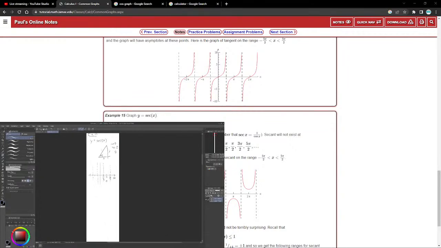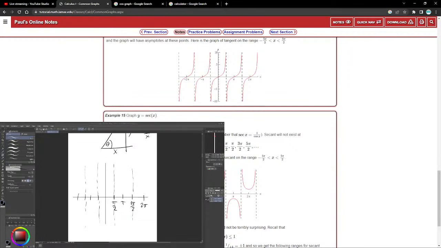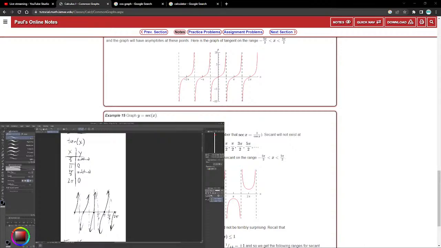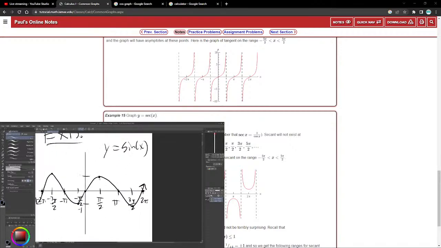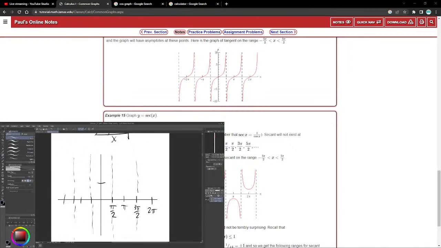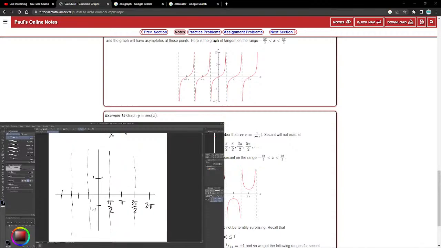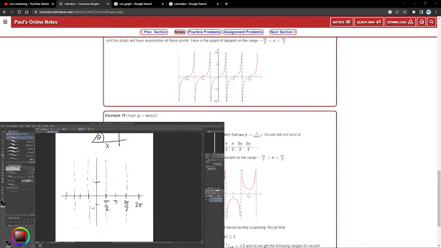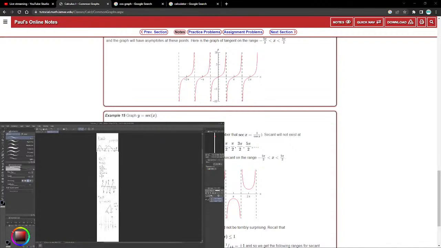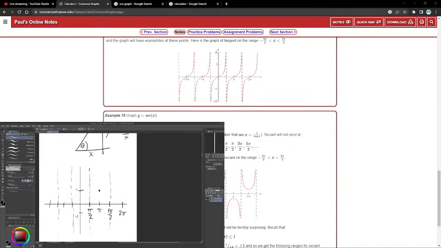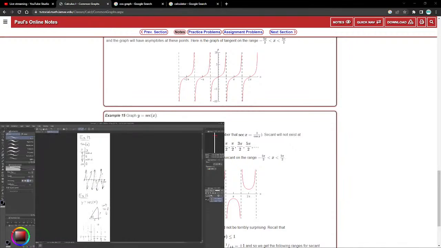And then for the others, 1 over 1. So y equals 1 for this. At 2 pi, it's the same thing. I think it's the same for all of them.